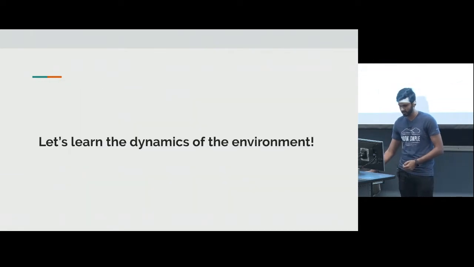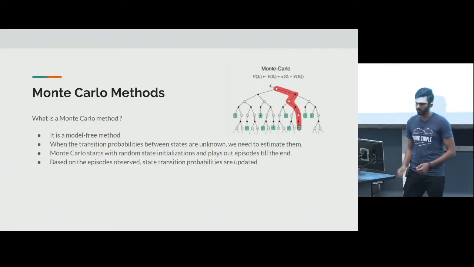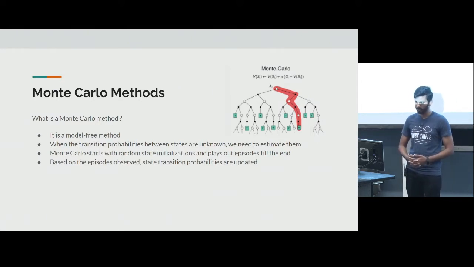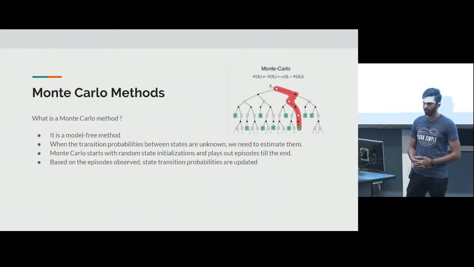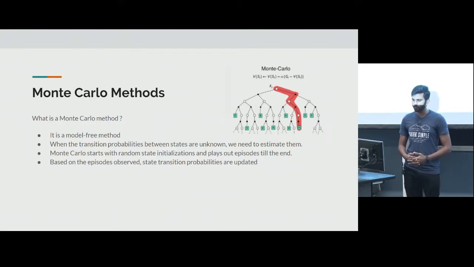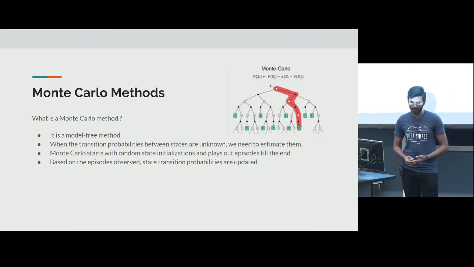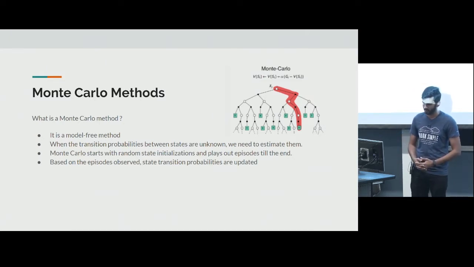One such family of methods is the Monte Carlo method, and it's a model-free method. What this means is that you're not building a model of the environment explicitly, and instead you're simulating it, and you're just learning from experience by interacting with the environment.